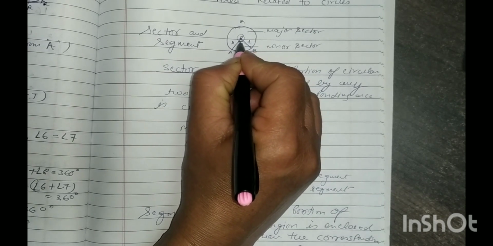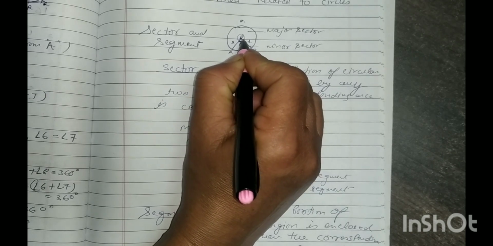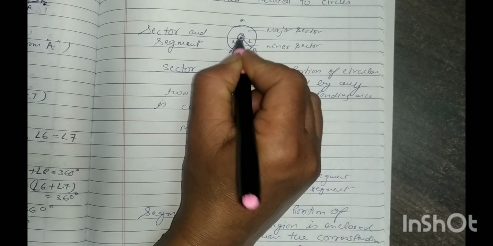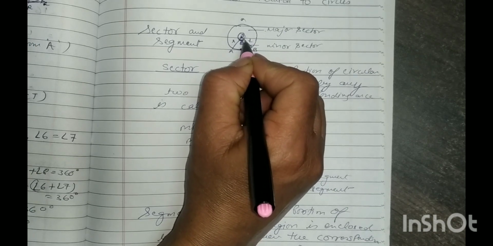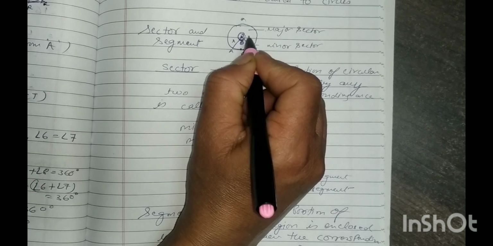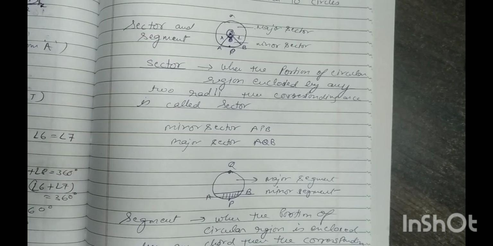So minus theta is the minor sector and the rest is the major sector. So the major sector angle is 360 degree minus theta.